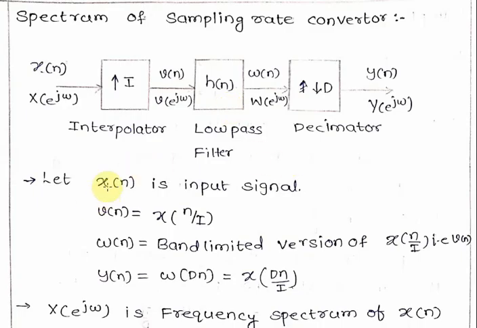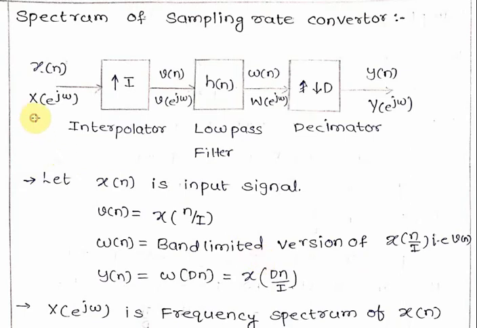X of n represents the input of the signal, V of n is the output of the interpolator, W of n is the band limited version of V of n, and it is passed through the decimator. At the output we will get y of n, that is W of Dn.